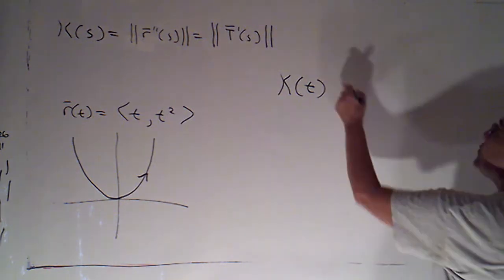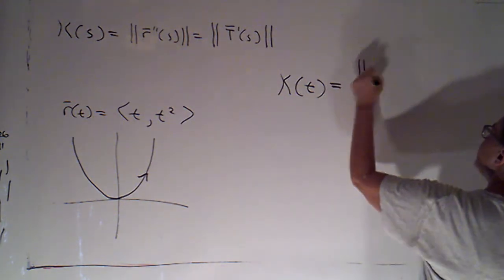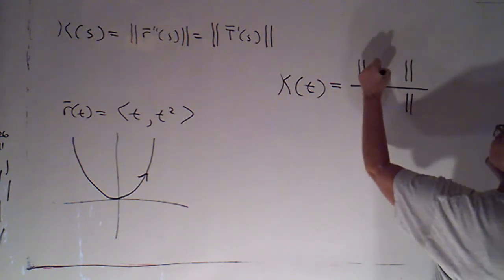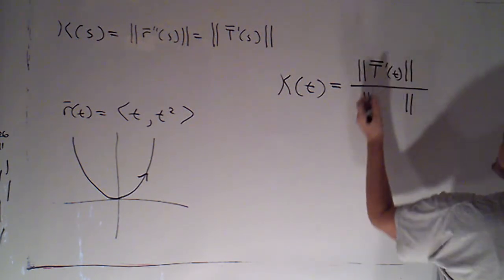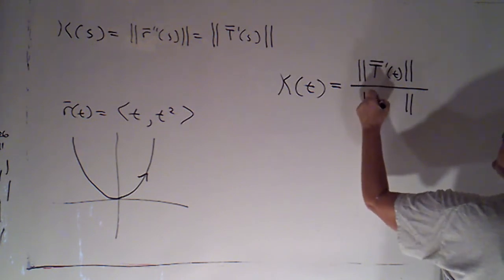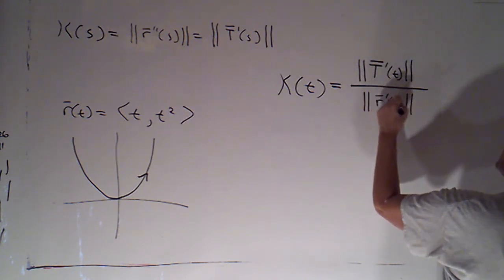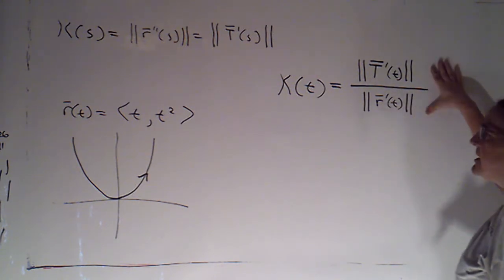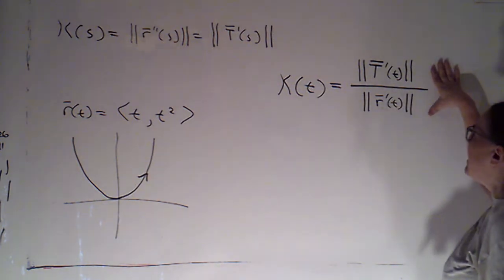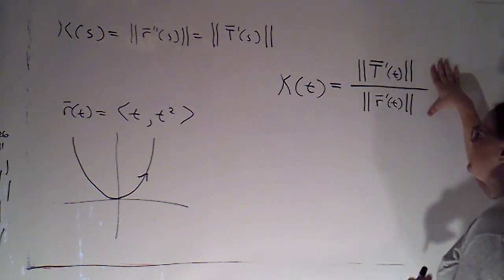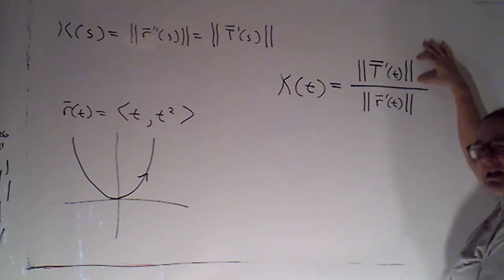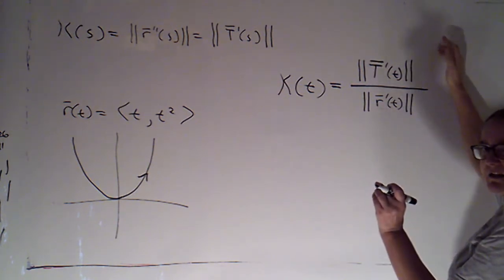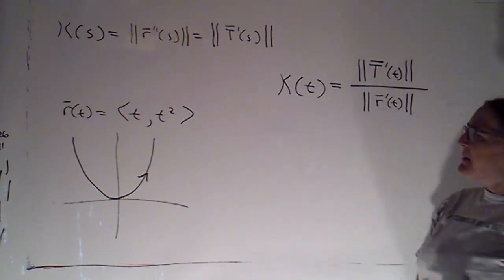One of these formulas is a quotient of magnitudes. It's the magnitude of T prime of t, divided by the magnitude of r prime of t. And that's going to be a little bit easier to calculate, although it's still not ideal, because anytime I have to take the derivative of a normalized vector, that becomes a little bit tedious.